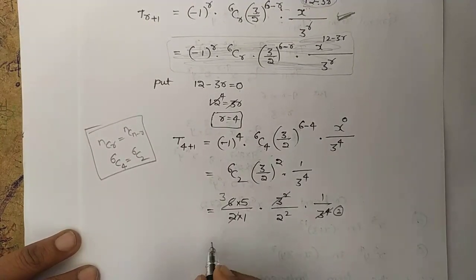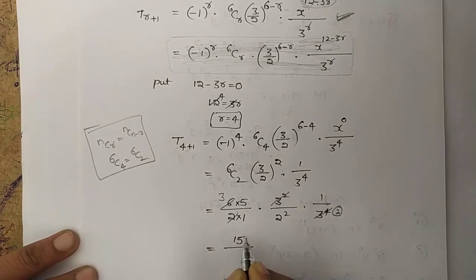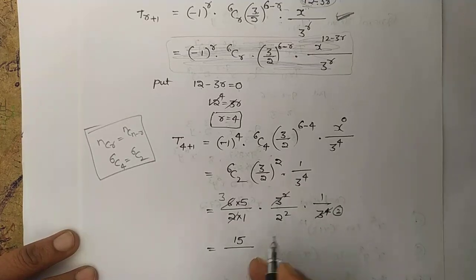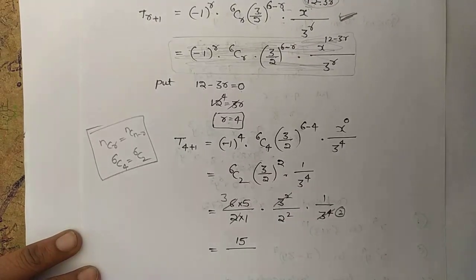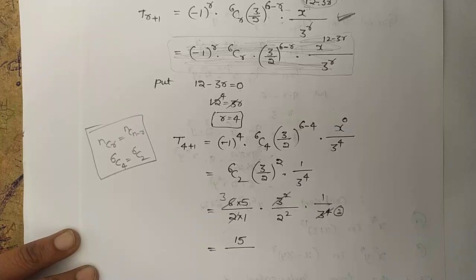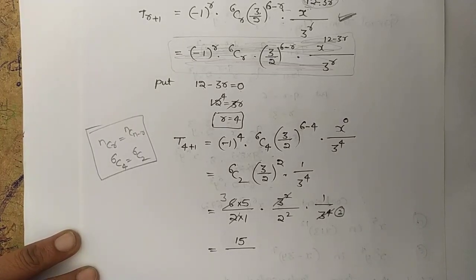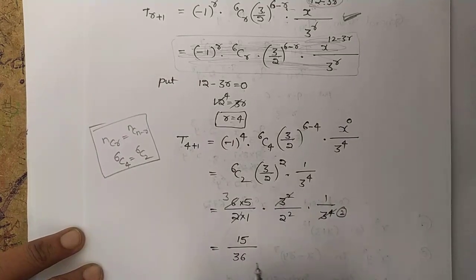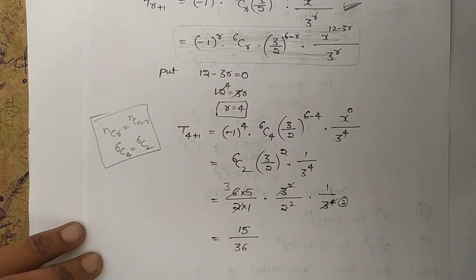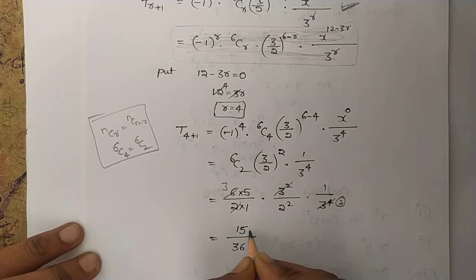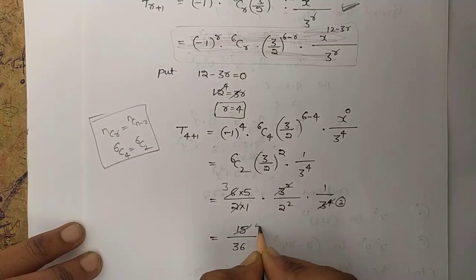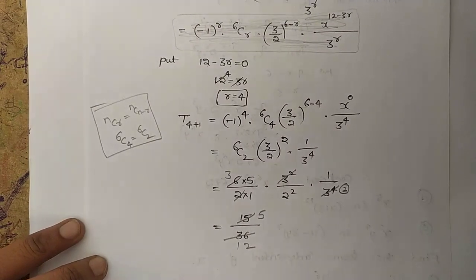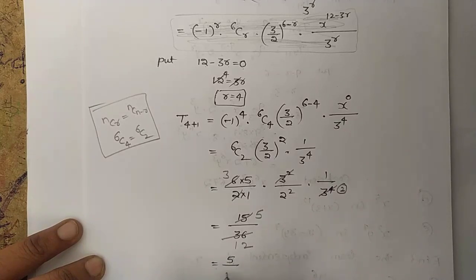In the numerator, 3 into 5 is 15, divided by, in the denominator, 9 into 4, which is 36. Again you can cancel by 3: 3 fives are 15, 3 twelves are 36, so 5 by 12. So the final answer will be 5 divided by 12.